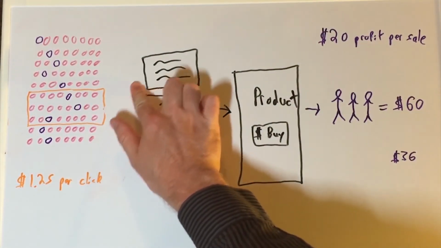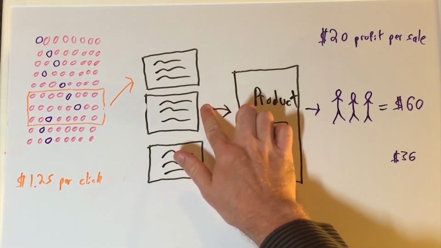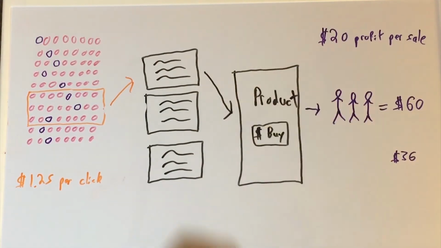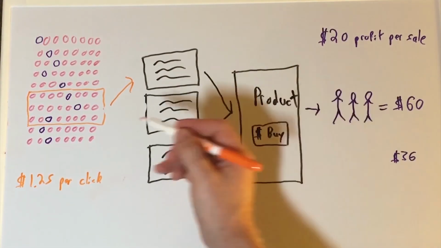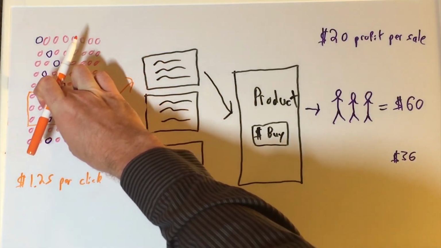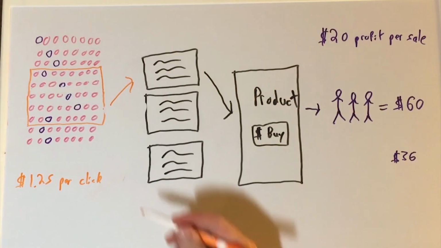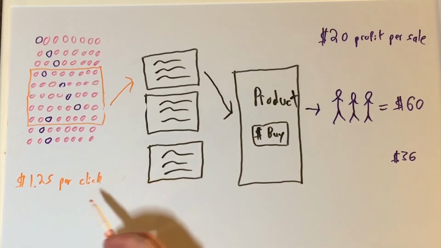And what that does, it actually puts us into the top position here. So now we have the top ad. So that's our ad on top. And because of that, more people are clicking on our ad. So instead of 24 people clicking on the ad, now we have 40 people clicking on our ad.